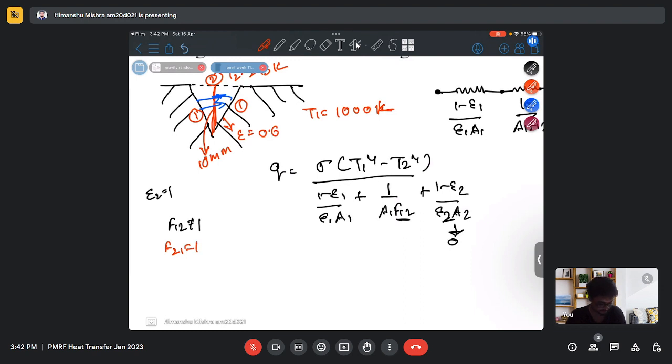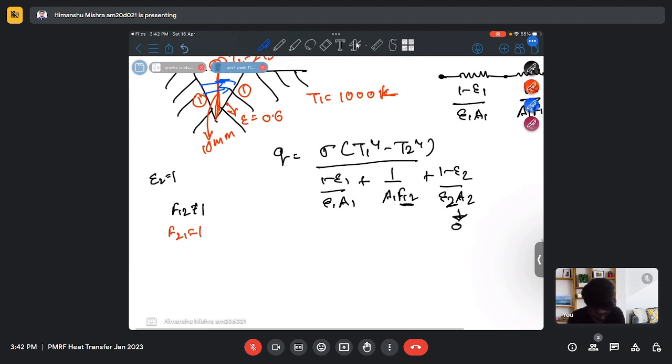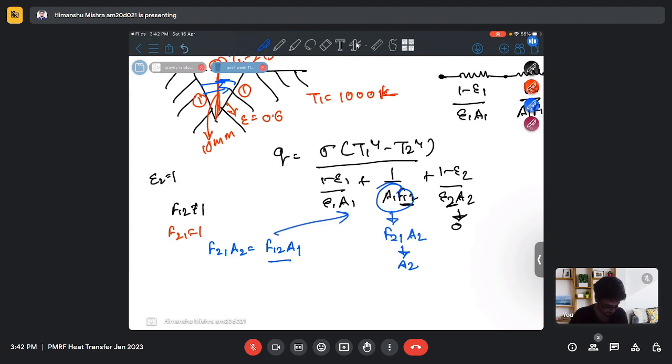So again we will use the reciprocity theorem. I can directly write this term as f21 A2, or just A2, because my f21 is 1 from the reciprocity theorem. That's it.